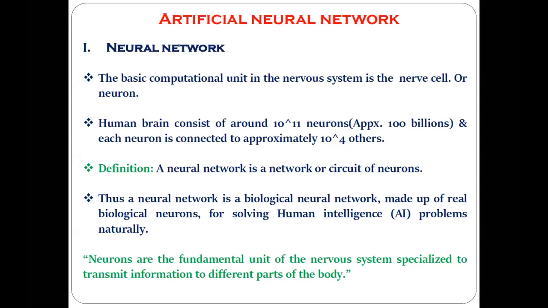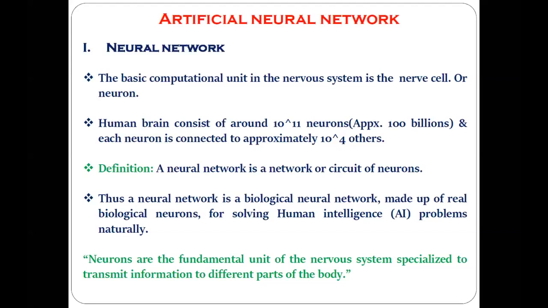But we want to make an artificial human being, and if we want the artificial human being to perform, feel or sense activities like the human being, then there is a need for such a main component in the artificial human being, that is also the brain. Now the natural brain cannot be there in the artificial human being, just like it is present in the natural human being. So that is our point of study, the artificial neural network.